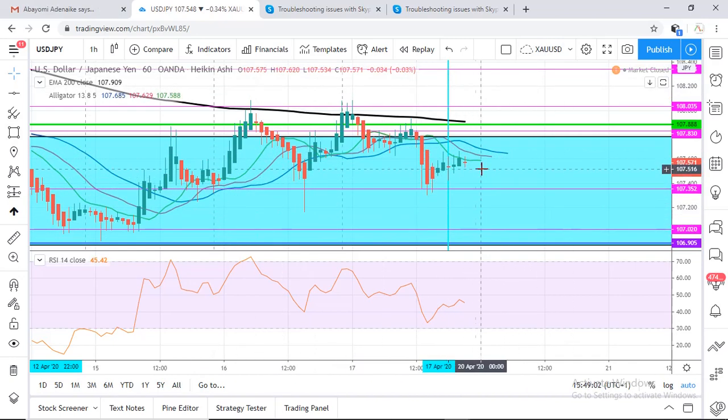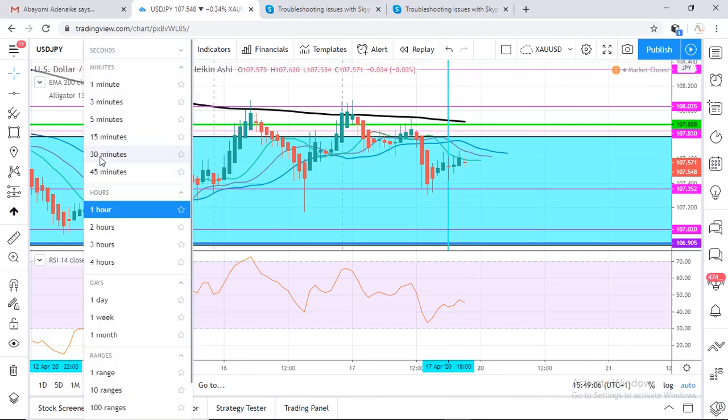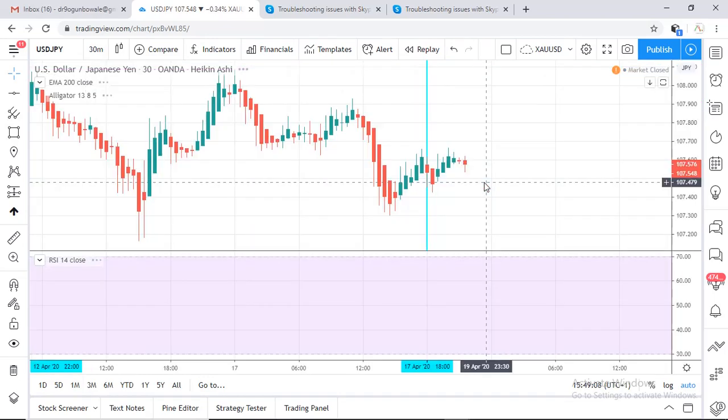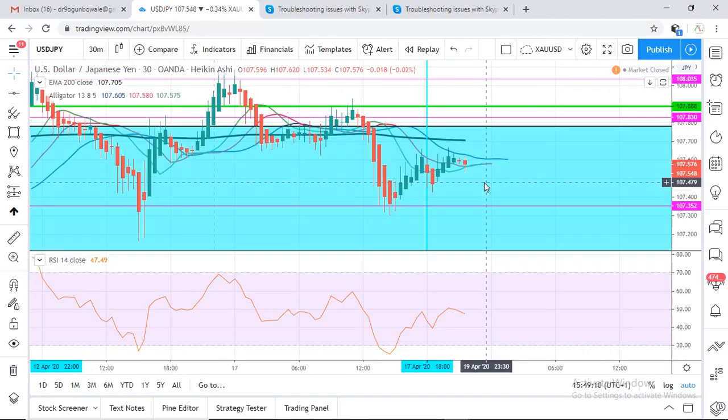Now let's look at this alligator on 30 minutes to see what it looks like. These are the wrapping around. So on 30 minutes, you can see that it's closing up. It's already touching it. It's warming up to buy.